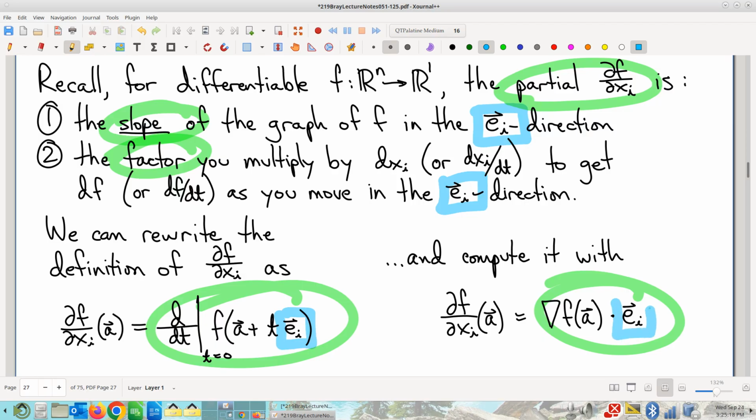These vectors indicating the directions have to be standard basis vectors. Big catch. That's just what partial derivatives are. They're only in the directions of certain axes, whichever axis. Okay, now I want to take a pause, and we're going to revisit this question of what is a standard basis vector.